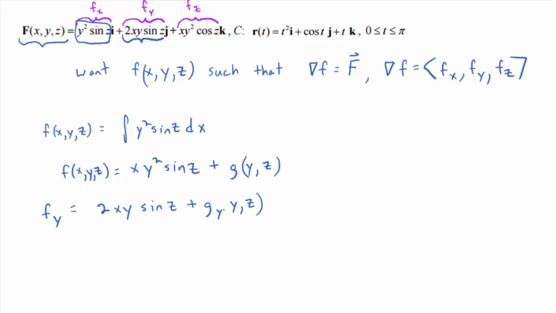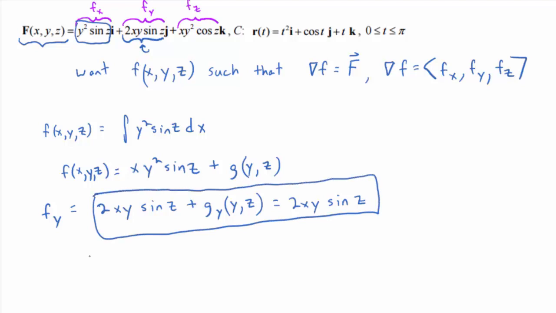The derivative of g with respect to y, right? And what do we set that equal to? 2xy sine z. Does everybody see where that's coming from? It's coming from the second component, right? Okay, so focus on this equation.